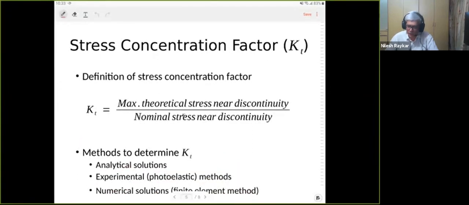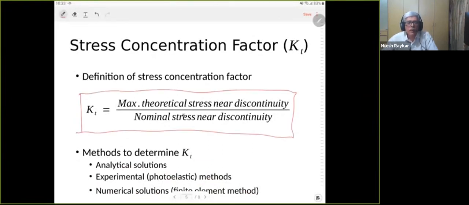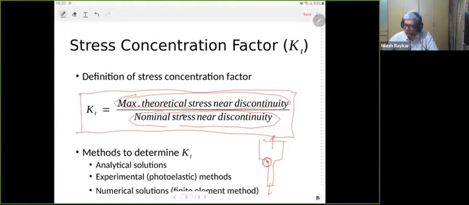Okay, this is the key or the heart of this particular topic: the stress concentration factor is defined as the maximum theoretical stress at the discontinuity divided by the nominal stress near the discontinuity. So if you have a sort of step bar subjected to load and you want to know the highest stress level at this region, this is the numerator of this equation.